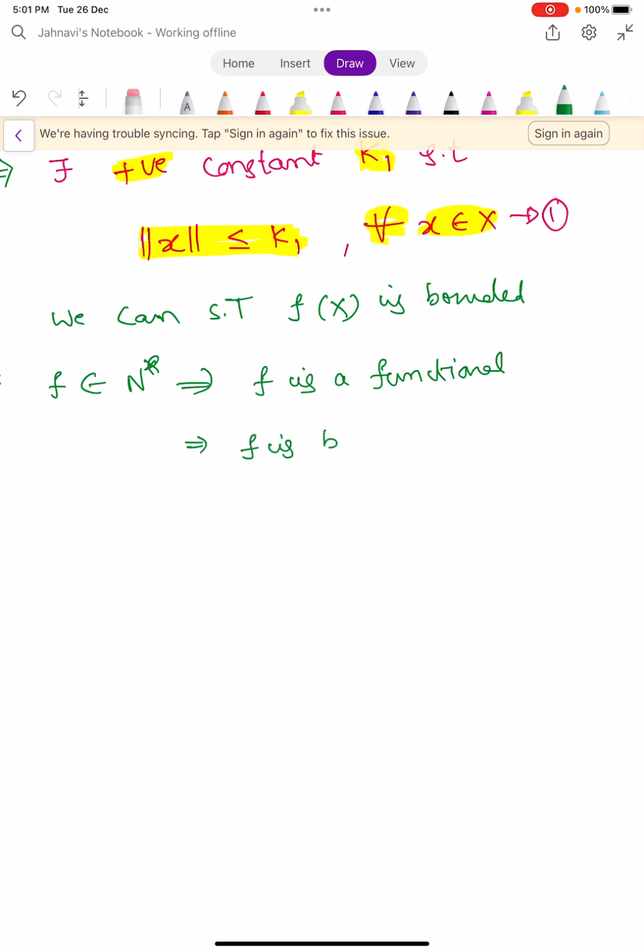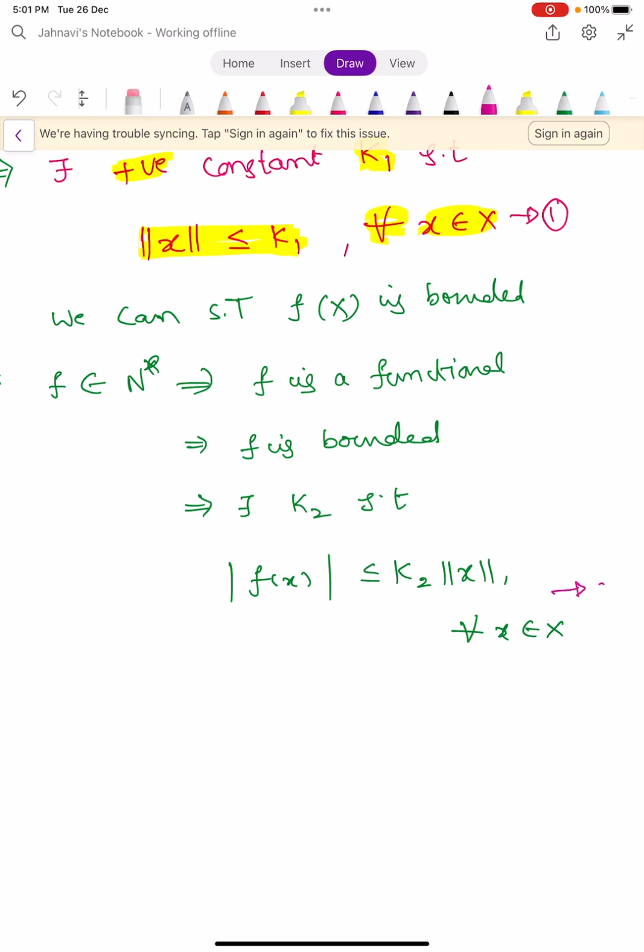Therefore f is bounded, which means there exists another constant K2 such that mod f of x is less than or equal to K2 into norm x for all x belongs to X. Let it be equation number 2. This is also from the definition of functional.